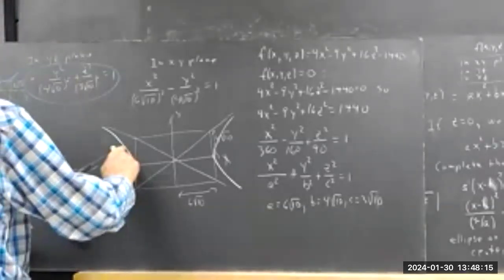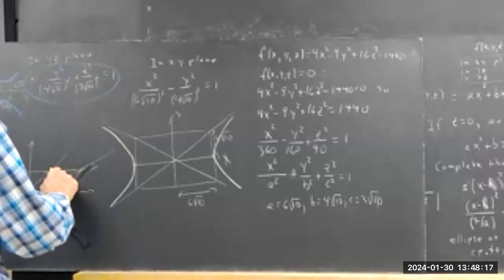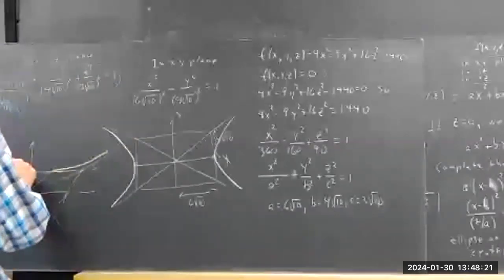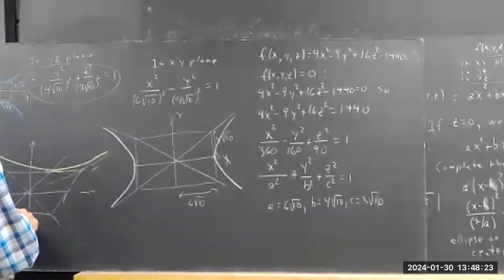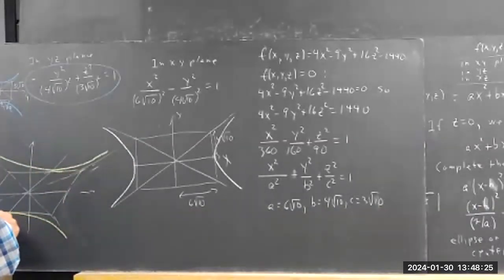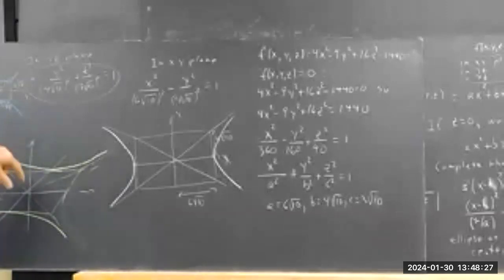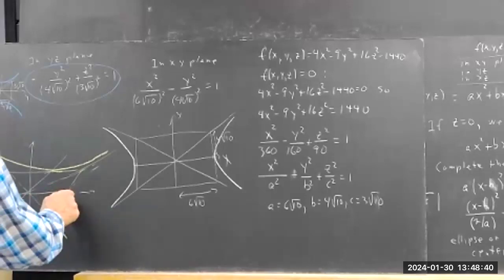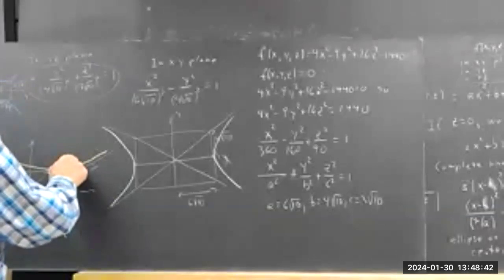Okay. Anyhow, our asymptotes are here. So we come out like this. Here we come around like so. Okay. There's our hyperbola in the XY plane. And now, in the YZ plane, a rectangle intersects this one on the Y axis.